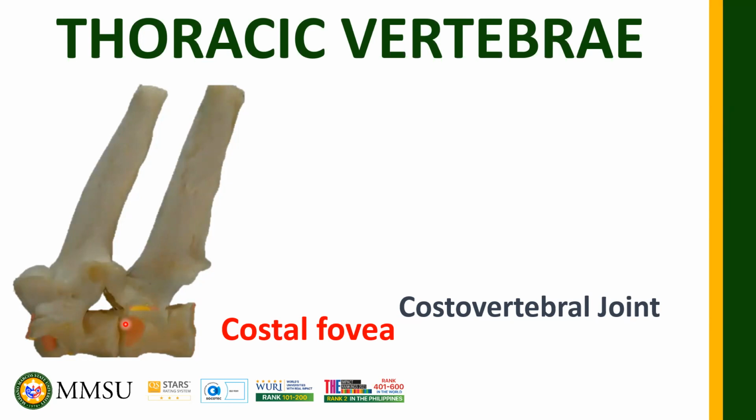So like for example, during inhalation, yung ribs ng animals natin, they move upward and outward. So expanding now the thoracic cavity and allowing the lungs to fill with the oxygen. So kumbaga during exhalation naman, yung mga ribs will return to their resting position. So that is the function of the costal fovea. So we can connect this one later on sa respiratory system.